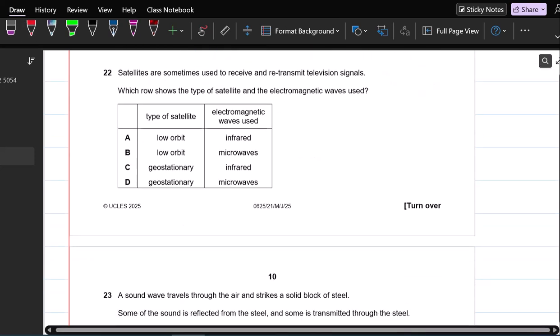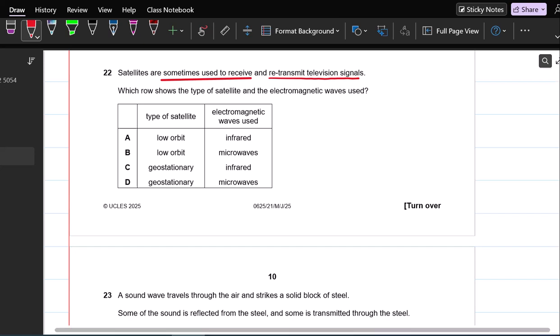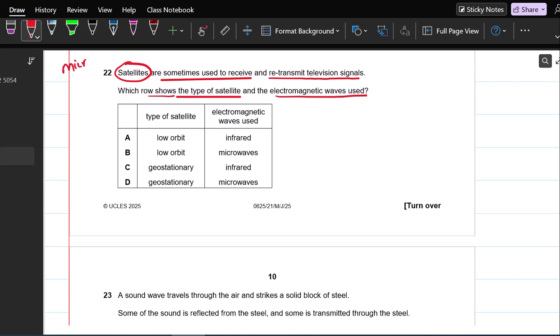Moving to question 22. Satellites are sometimes used to receive and retransmit television signals. Which row shows the type of satellite and the electromagnetic wave used? So for satellites we use microwaves, or sometimes we can use radio waves as well, but mostly we use microwaves.